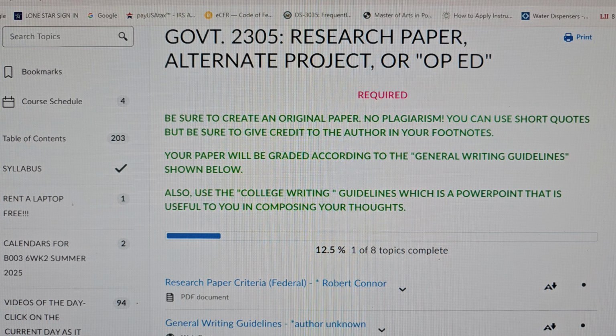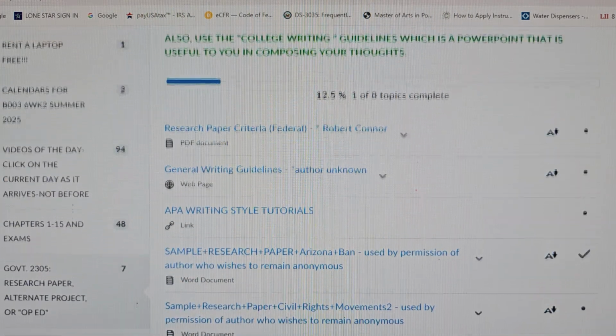Also, an alternate project would be like visiting a museum or visiting a government office. And in that case, it really doesn't have to be a federal official. You can go and visit your state representative's or state senator's office, or even your city councilman's office. You can, just something government-wise. Okay, so that would be your typical research paper if you want to do that. Or you can do some alternate project.